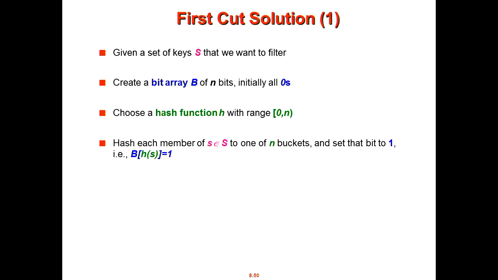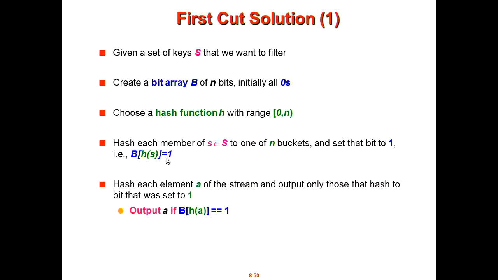So this bit represents that we know there is one member in the given set whose hash value corresponds to this bit. That's the meaning of this 1. So you compute the hash value for this element of S, then you set the corresponding bit to 1. Next, for each element in the data stream, we also compute its hash value.